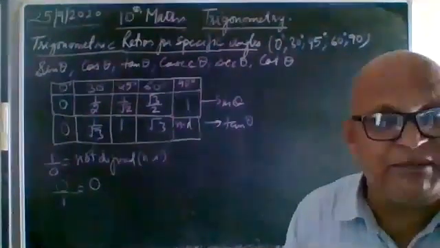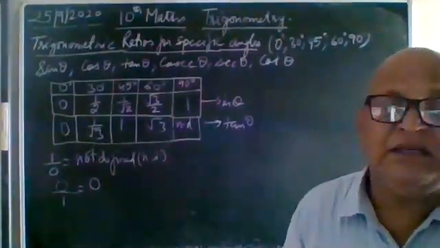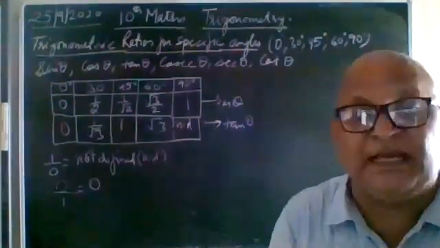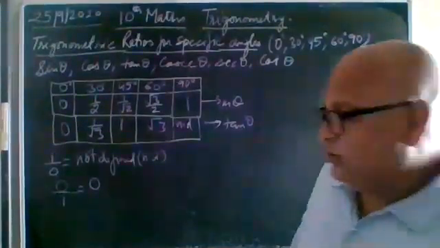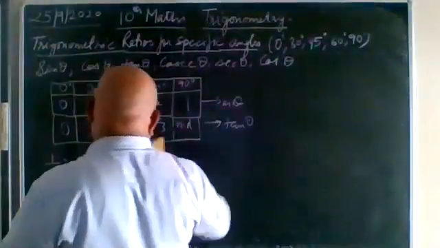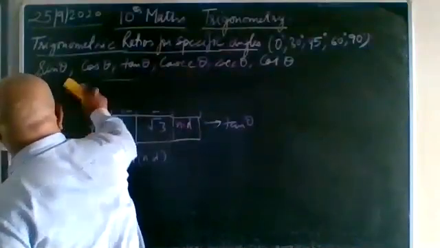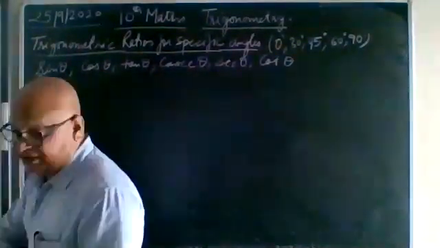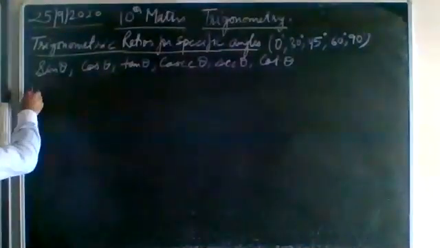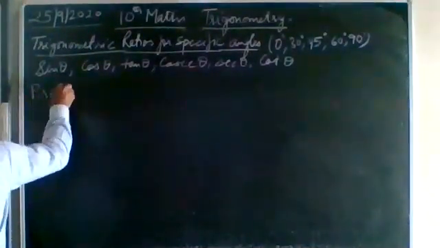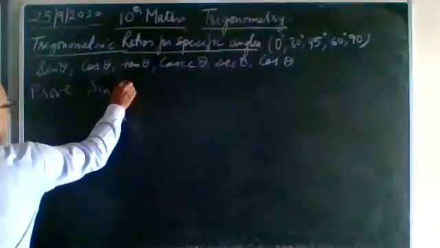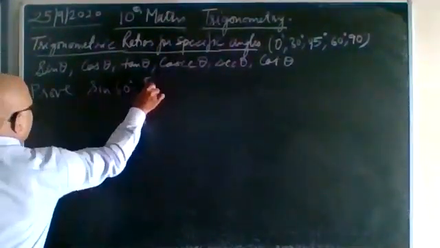But now in exam, a very important thing is that they can ask: prove sin 60 is root 3 by 2. If this type of proof is there in the question, find the value of sin 60. Prove sin 60 is root 3 by 2.